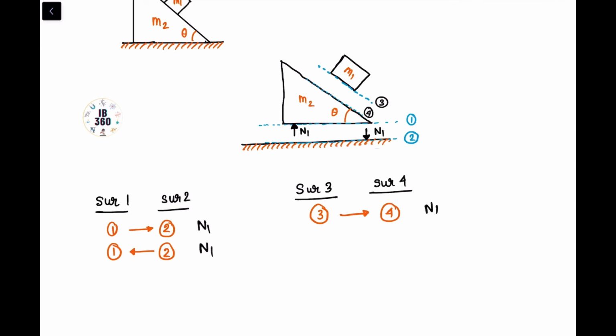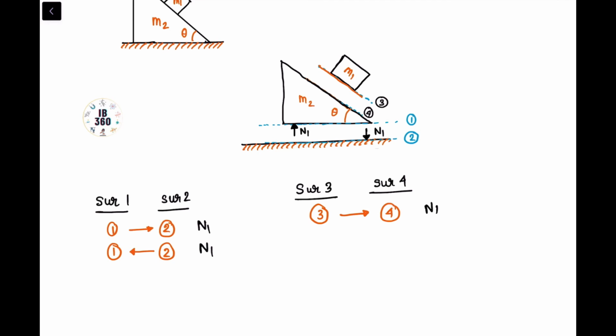See that surface 3 is in this manner and surface 4 is in this manner, and surfaces exert force only perpendicular to the surface. So if this is the surface, the force will be exerted perpendicular to it.